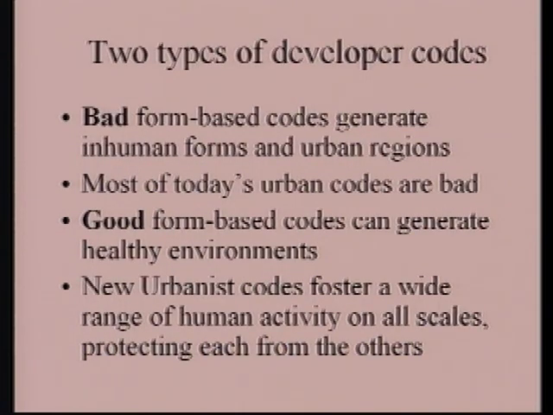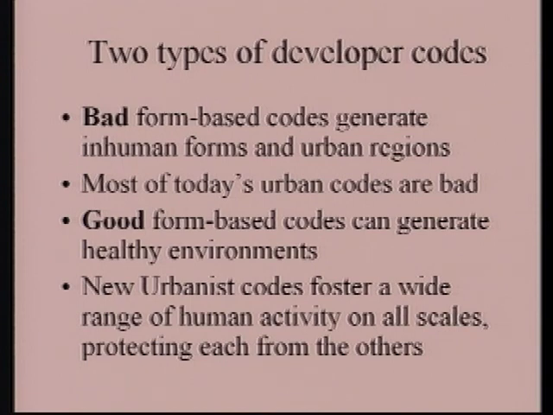Let me now tackle this topic of bad versus good form-based codes that are used by developers. A bad form-based code will generate inhuman forms in urban regions. And most of today's urban codes are bad. A good form-based code, on the other hand, can generate a healthy environment.